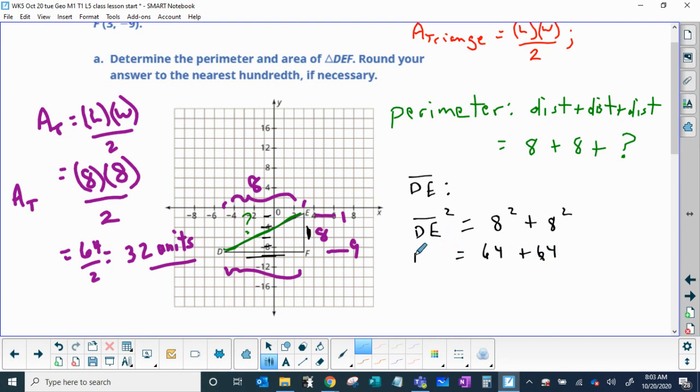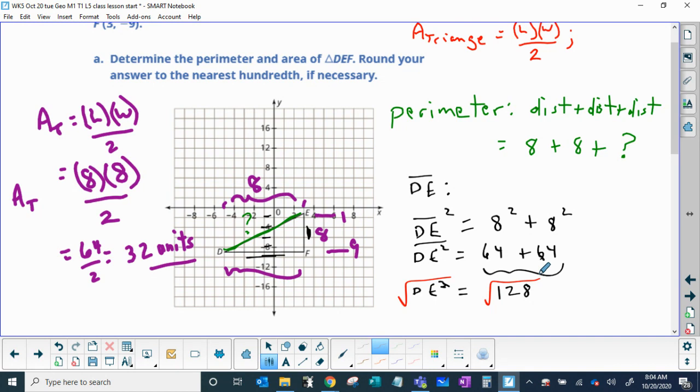That's equal to DE squared. But now after a week of studying, we know how to undo a squared. To undo a squared, find your calculator and look for the radical button, the square root button.